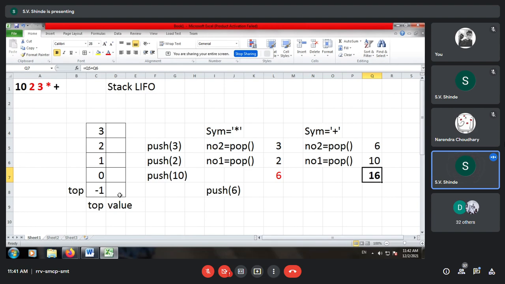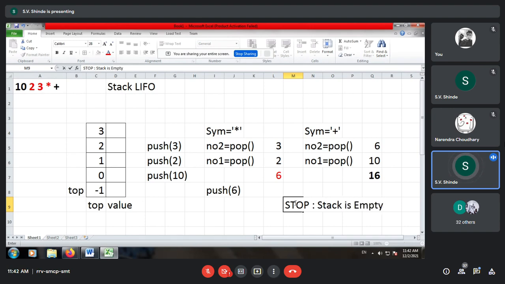Now there is nothing on the stack, and we have reached the end of the expression. So this is the stopping criteria. So how to stop the algorithm? Two ways. One is the stack is empty.